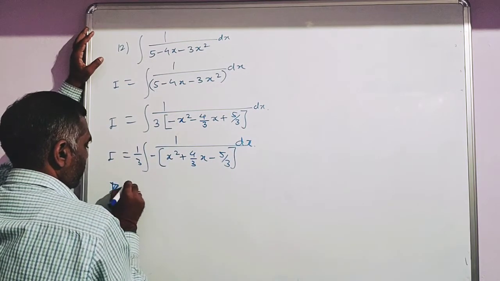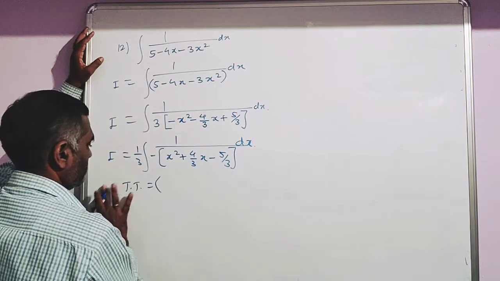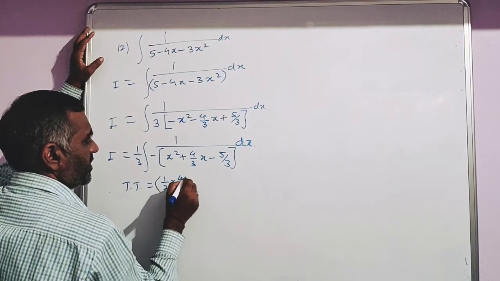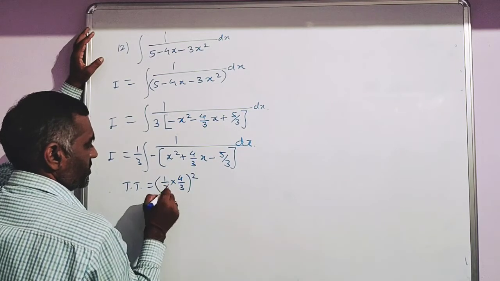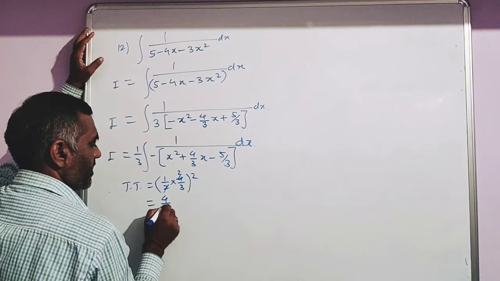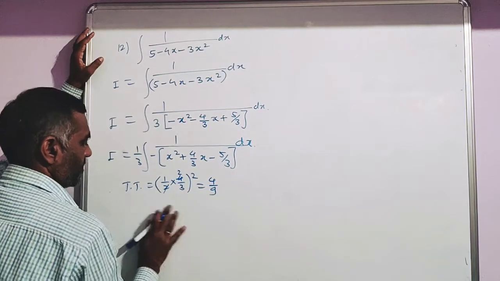Now the third term is equal to, in bracket, 1/2 into the coefficient of x, 4/3, whole bracket square, which is equal to (2/3) bracket square, that is 4/9.